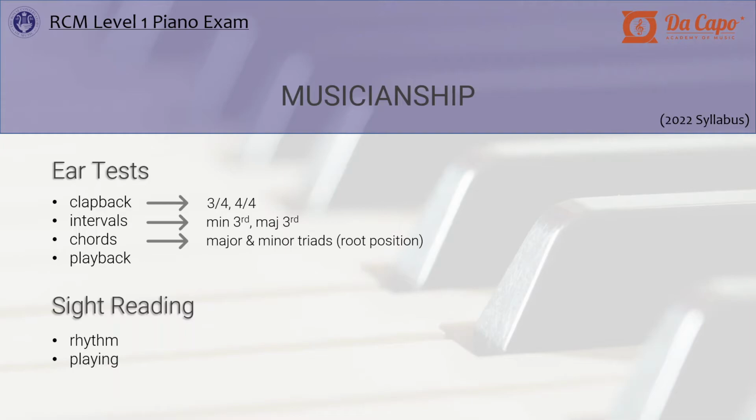And for the playback, this is where the examiner plays a short melody for you, and then you have to come up to the piano and play it back. So here we have some possible keys, can be in C major or G major or A minor, and the starting note is going to be either the tonic or the dominant.